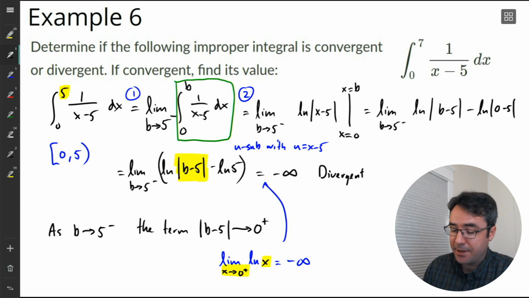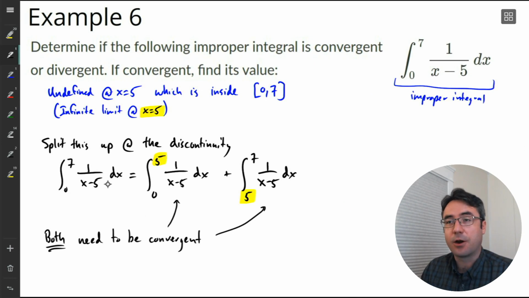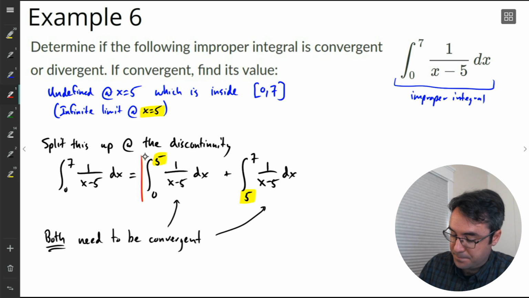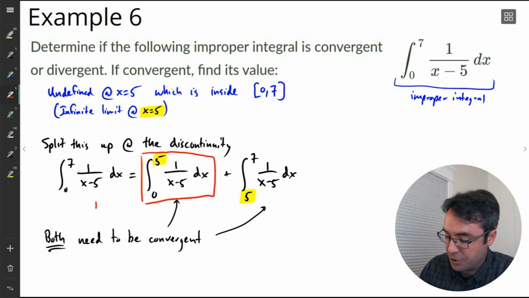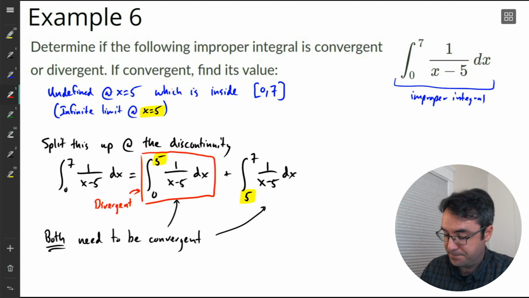And if we go back, what we've just shown is that this improper integral is divergent. So it means our original improper integral is divergent as well.